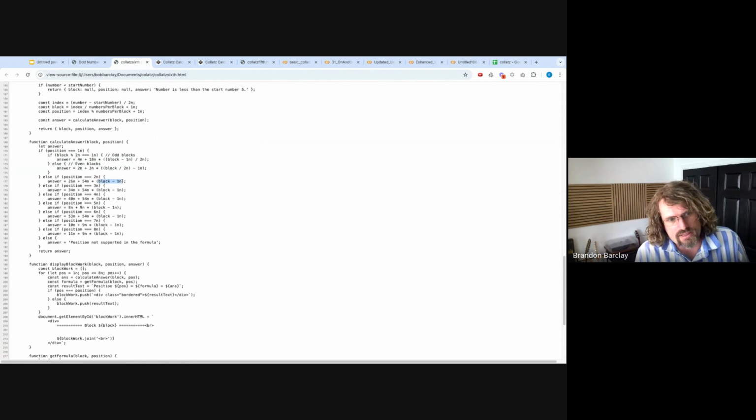I did that not on an index level starting with 0, so that's why we have the -1 going on here. So with the block position -1, sometimes we've had to divide the block value by 2 to get this answer. There are some weird nuances happening within the equation.